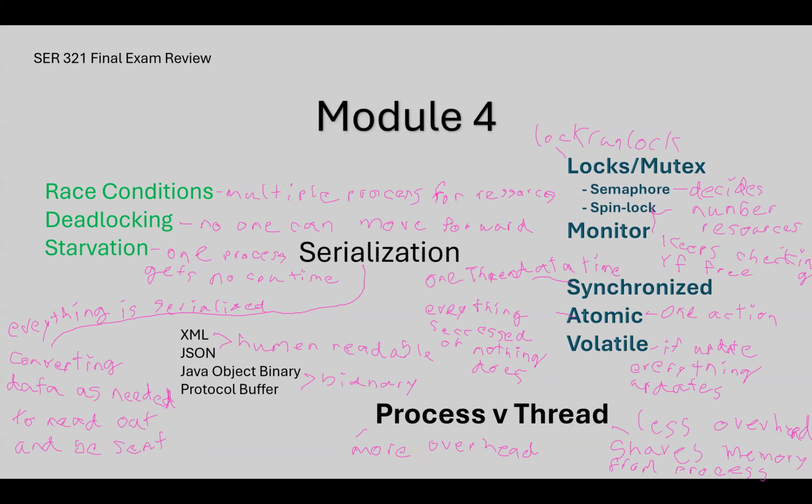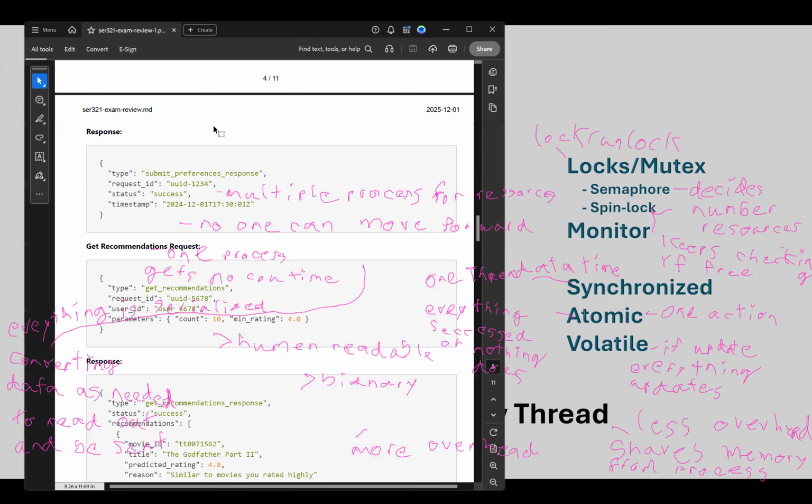And that's why you'd have various schemas and protocols of how to do it, such as XML, JSON, Java Object Binary, and Protocol Buffer. Based on our earlier conversation, the protocol would be, hey, we know there's going to be a type object, a request ID, a status, and a timestamp.